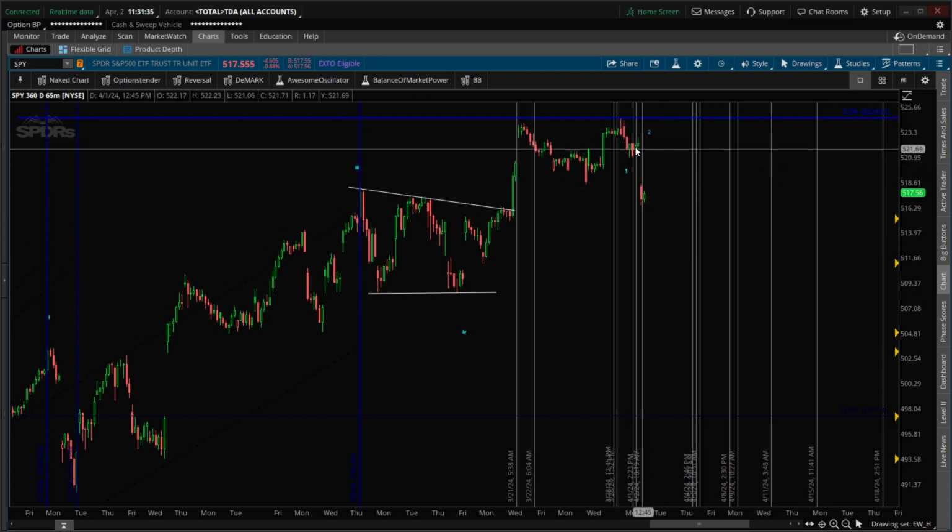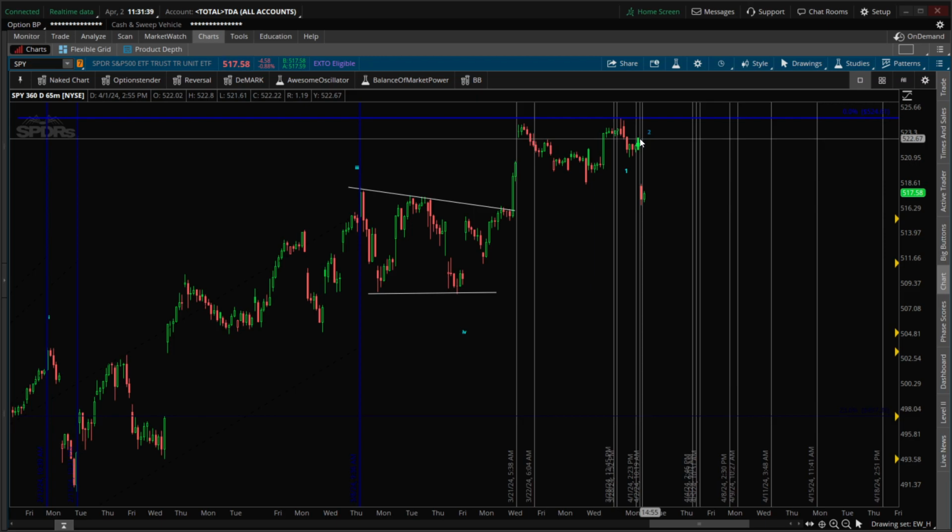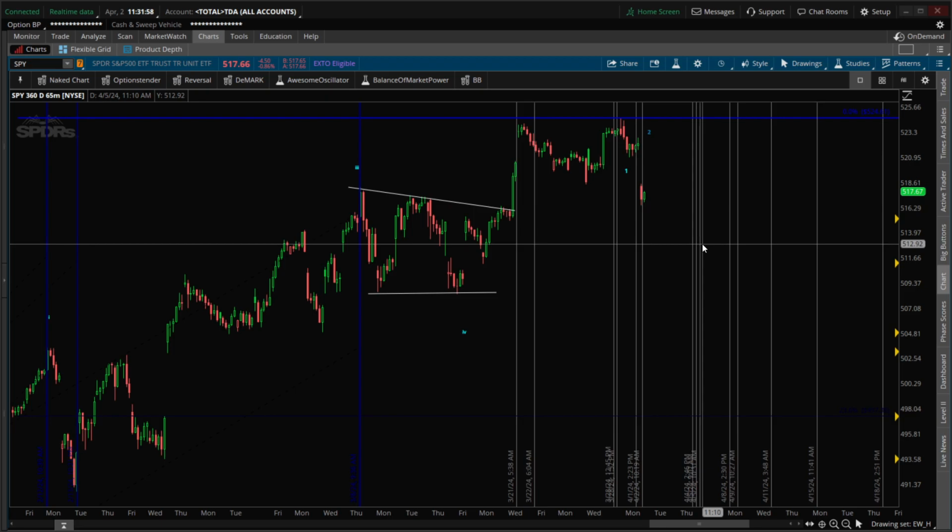At this point, if it's just a 3-wave move above 522.70 or so, above this point, that negates all of it. It's bullish above 522.75, we'll call it. That would confirm this, and it doesn't mean that we can't go lower.